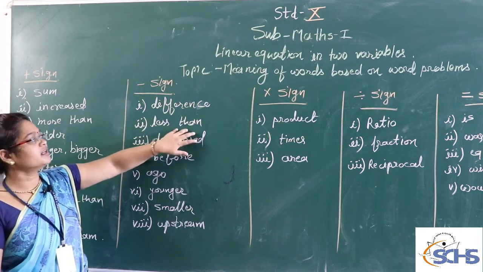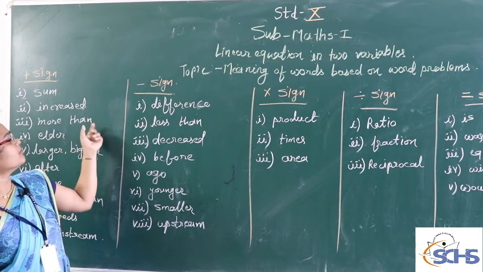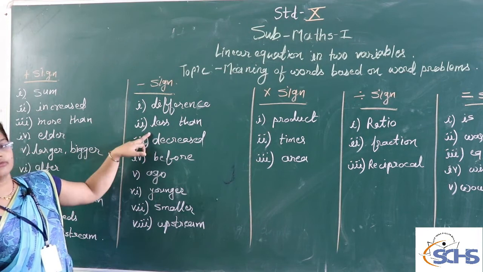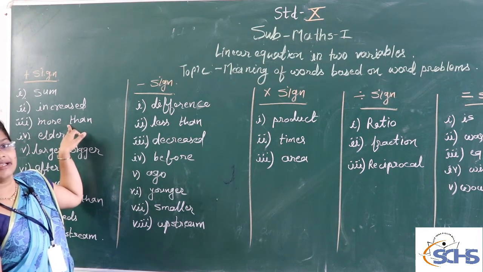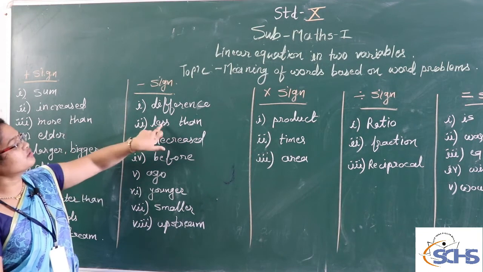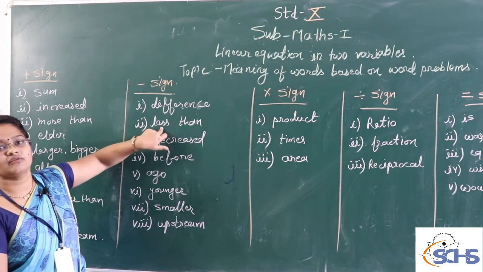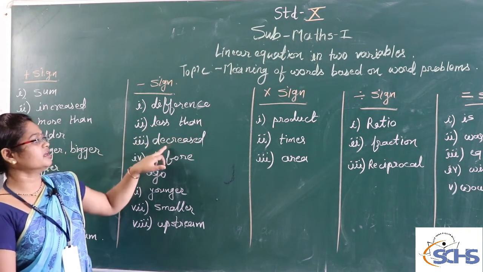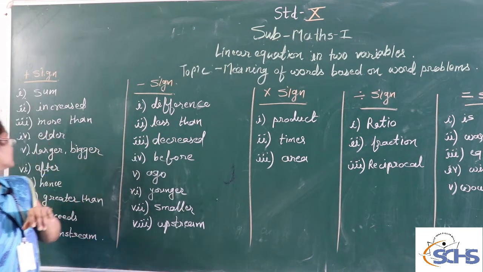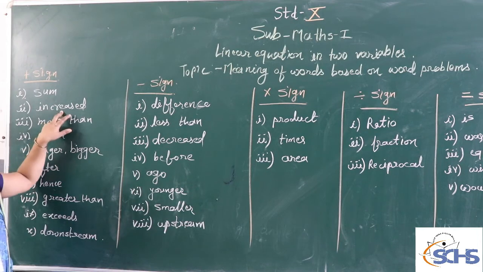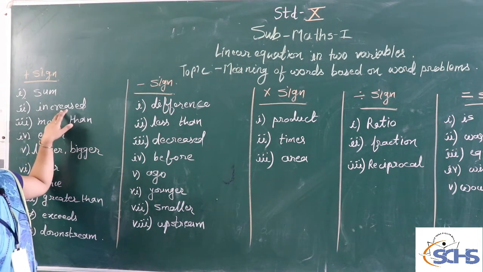Less than, you can remember it like this, both are opposite of each other. If we are using plus for more than, then in place of less than we can use minus sign. In case of increased, where the word increased is given, we use plus sign.